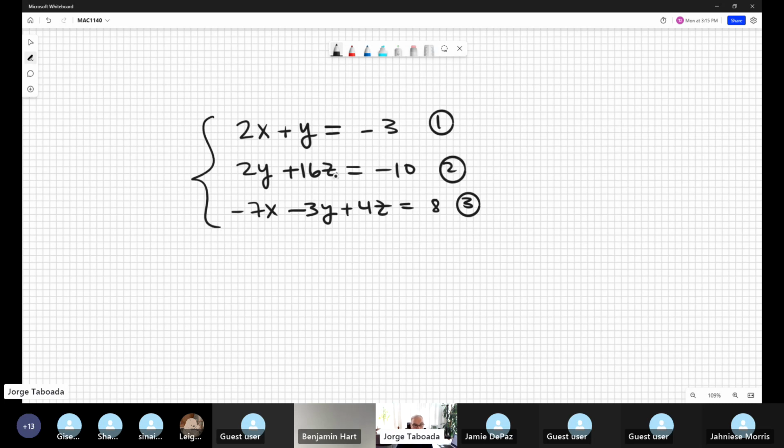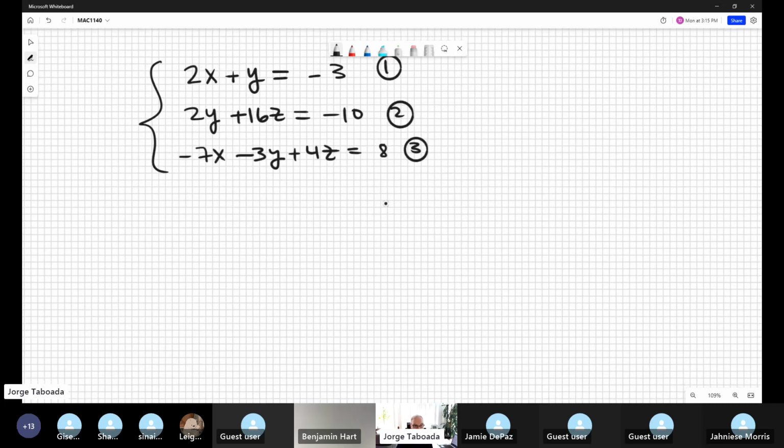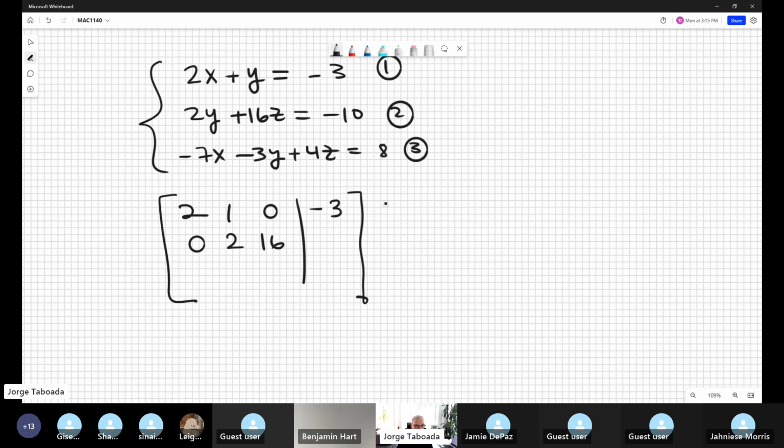Okay. Now immediately I know I set up the matrix. The matrix is 2, 1, 0, minus 3. The second row is 0, 2, 16, minus 10. And the last one is minus 7, minus 3, 4, and 8.